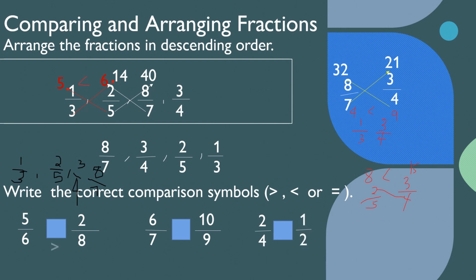So, first one, it should be greater than. This one is less than and equal. Okay, they are equal fractions actually. Yeah, bakit? 5 times 8, that is 40. 6 times 2, that is 12. So, mas malaki ito kaysa dito. Okay, ganun din dito. Check nyo lang.